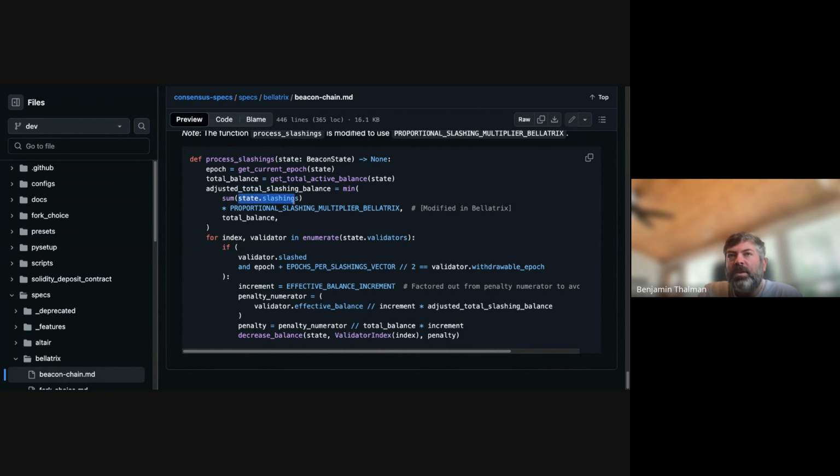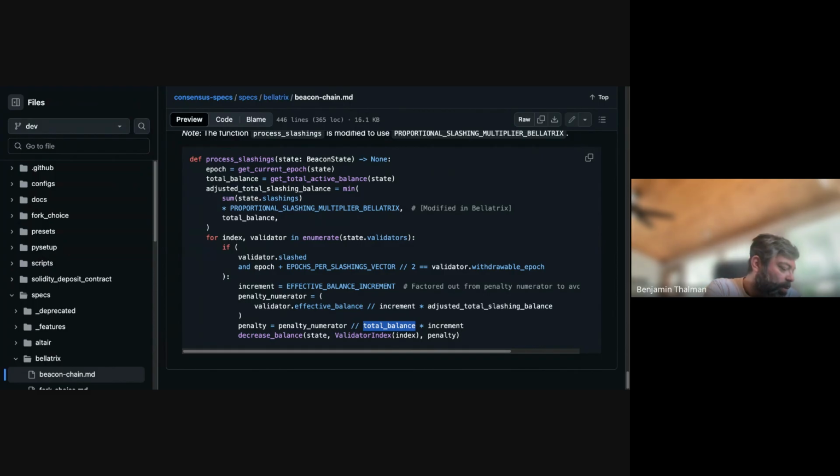So 175,000 times 1 billion, multiply that number by 3, and then go and substitute that in. Here you can keep effective balance at 32 billion. Dividing through by increment gives you 32. Then 32 times this number we just calculated. Substitute that in for penalty numerator, and then take total balance.